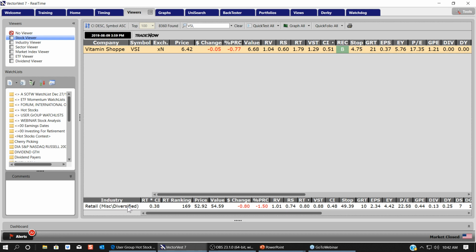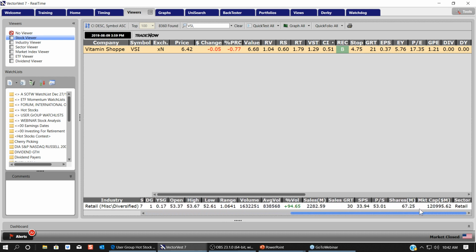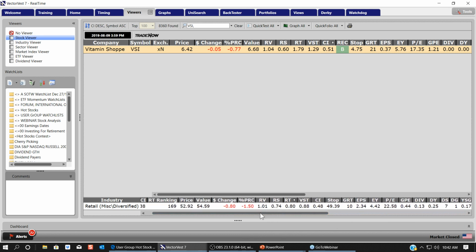It's in the retail industry group, which if I scroll over to the right, there's the RT, 0.08, and it's 169th out of our industries, so not strong on the industry group.